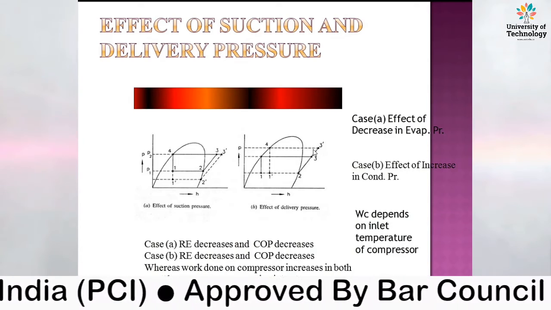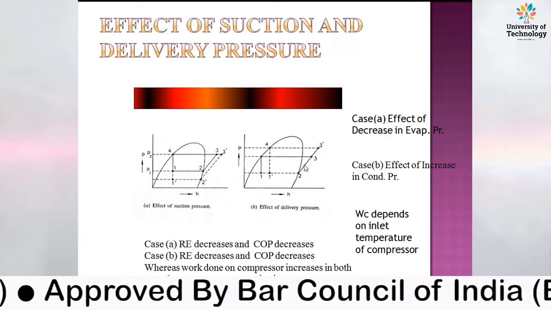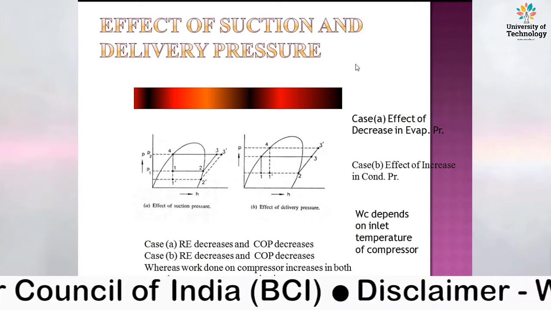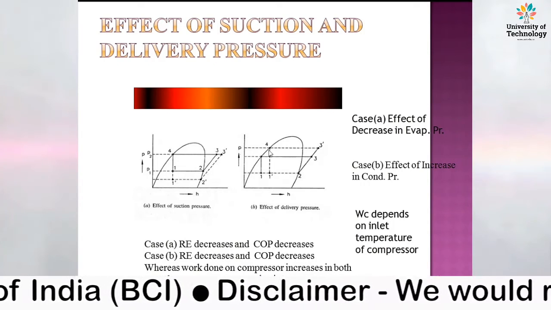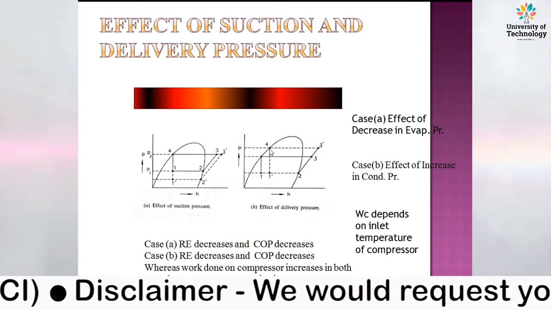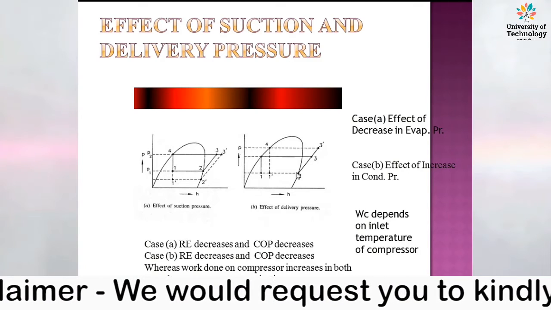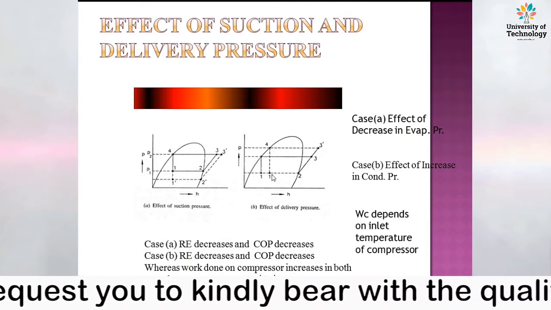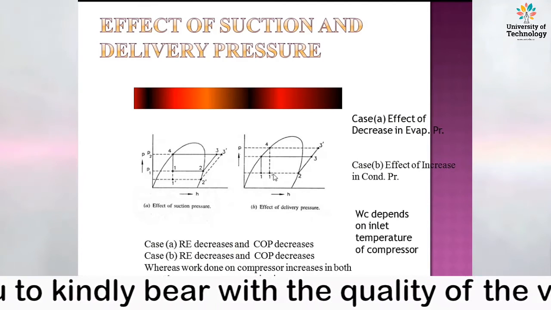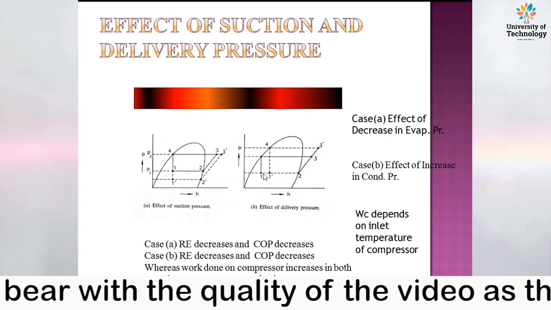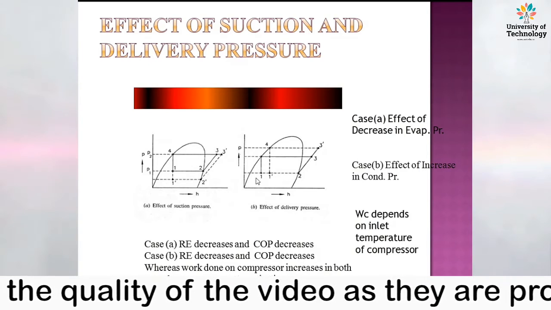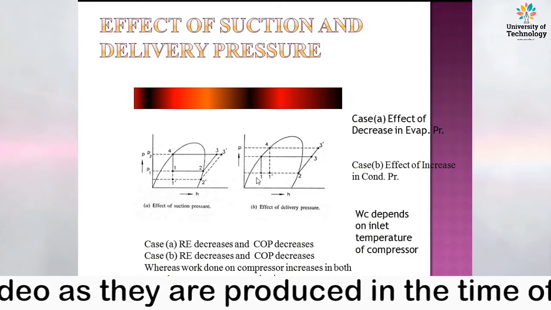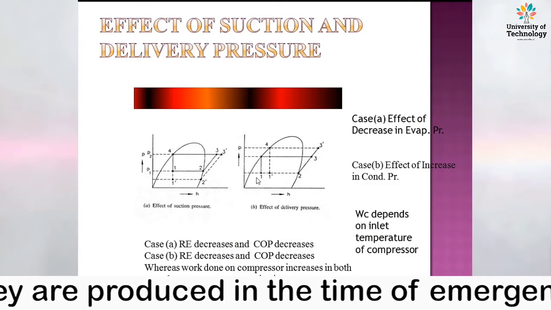Point 2 remains unchanged and point 1 is shifted to this position. Initially the refrigerant effect is H2 minus H1, and the final refrigerant effect is H2 minus H1 dash, which is less than H2 minus H1. Therefore the refrigerant effect decreases by increasing the delivery pressure or condenser pressure.